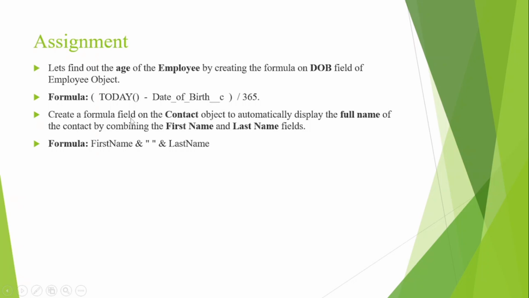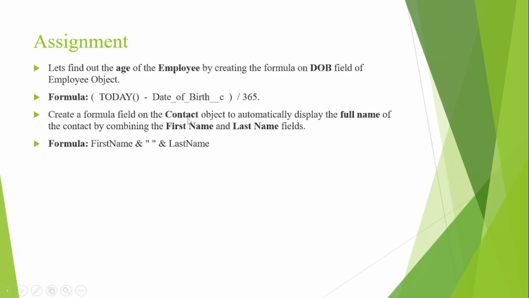Create a formula field on the contact object to automatically display the full name of the contact by combining the first name and last name fields. So here we are writing the formula for displaying the full name by using the first name and last name of a particular contact person.